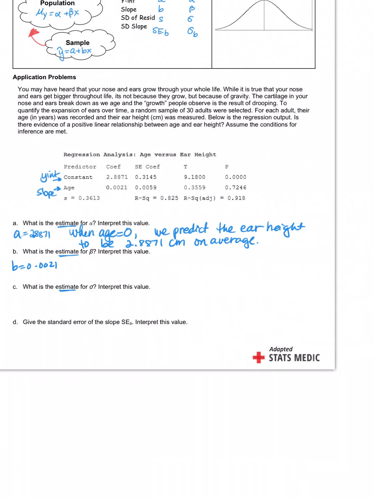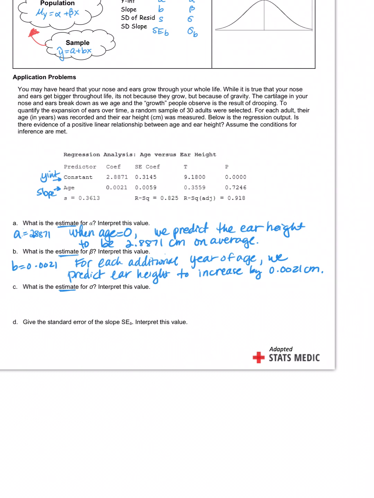So if we interpret slope, we say for each additional year of age, we predict the ear height to increase or decrease? Increase by 0.0021 centimeters.